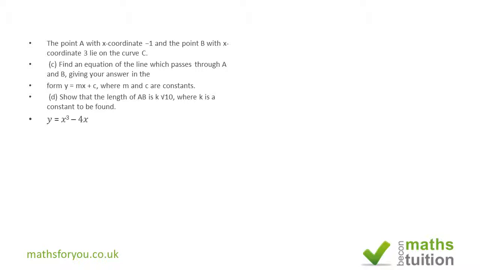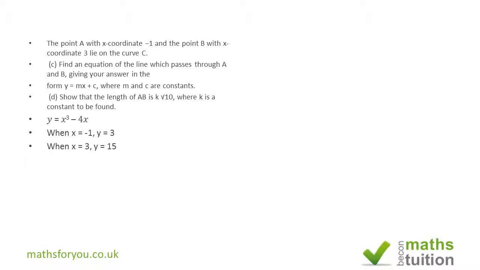So minus 1 cubed minus 4 times minus 1. 4 times minus 1 is minus 4, so minus 4 minus 1... rather, minus 1 cubed is minus 1, and minus 4 times minus 1 is 4, so 4 minus 1 is 3. So when x is minus 1, y is 3. Using the same argument, for B the coordinates will be (3, 15).